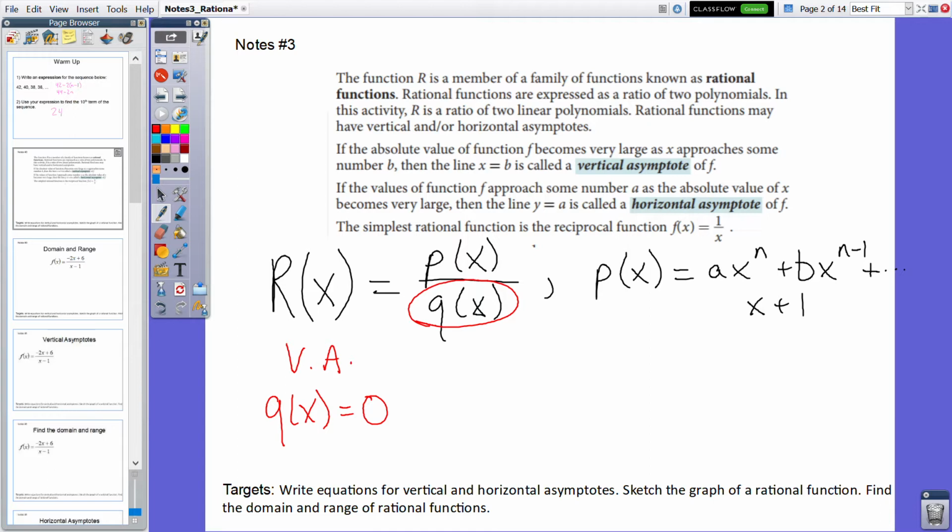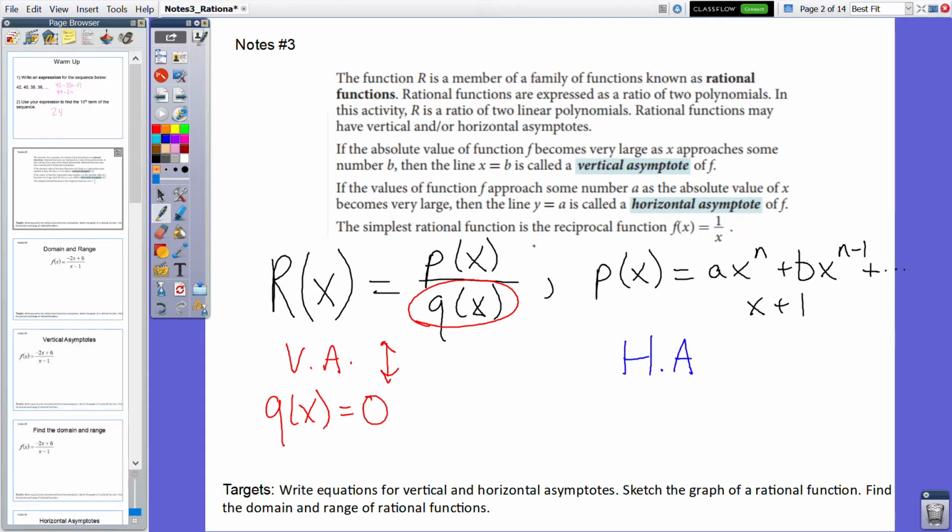The other type of asymptote is the horizontal one, so going left to right. Where vertical is this guy right here, like we've seen with graphs of tangents, as well as with some rational functions we saw in lesson 1. A horizontal asymptote, on the other hand, is found as x becomes very large. That input value becomes very large.